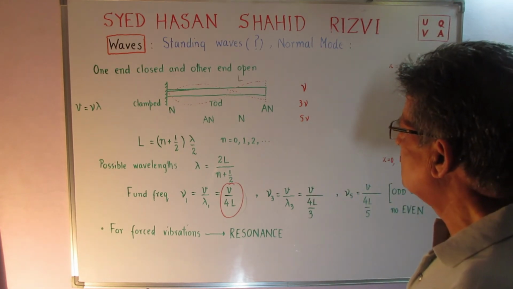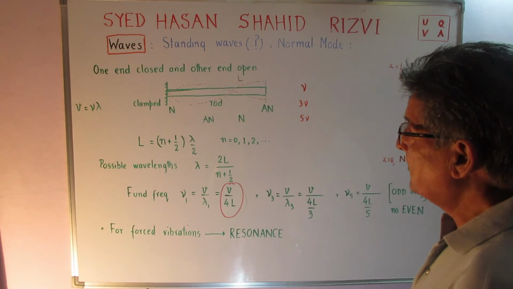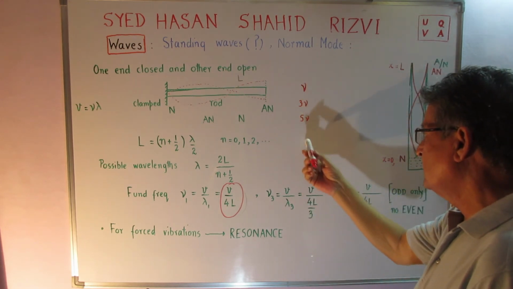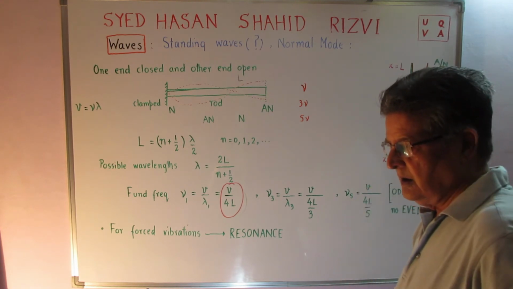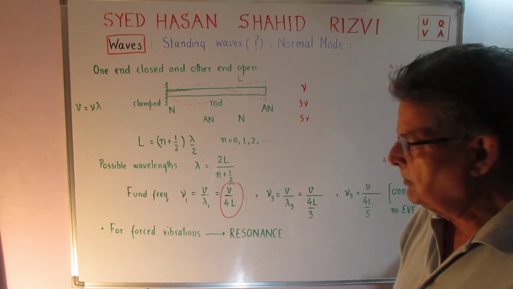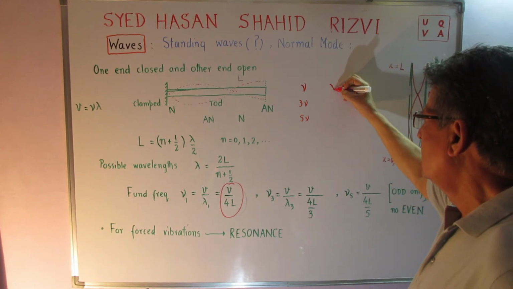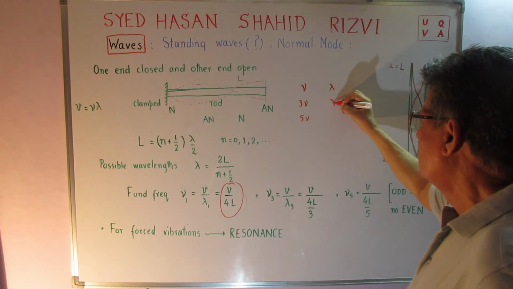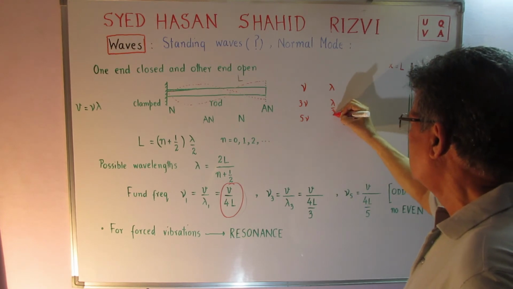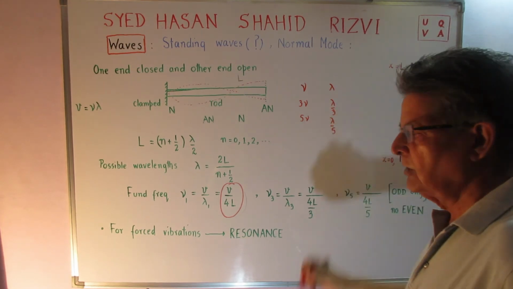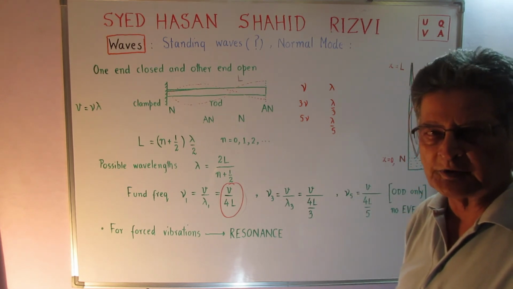This is the third harmonic, but ask a musician, then third harmonic in this particular case is the first overtone. So I have lambda here, and this is lambda by 3, this is lambda by 5, like that, odd harmonics. No even harmonics will be present.